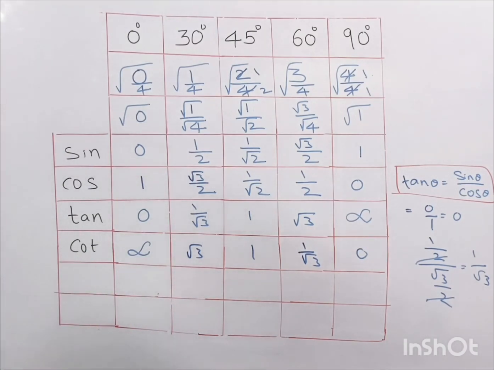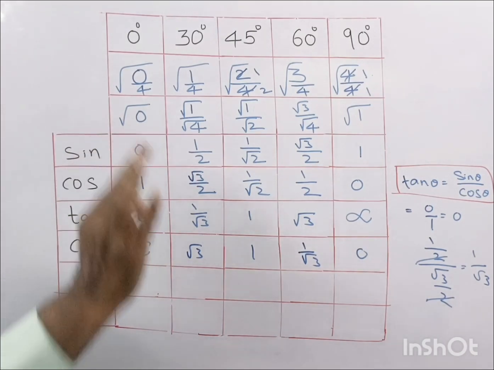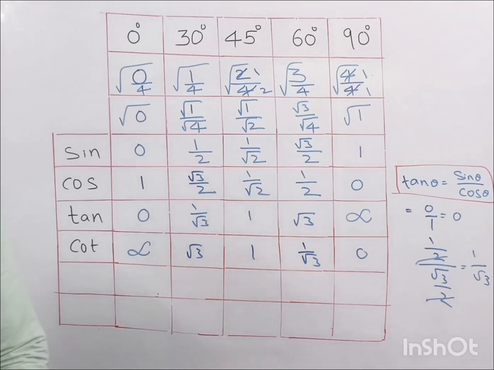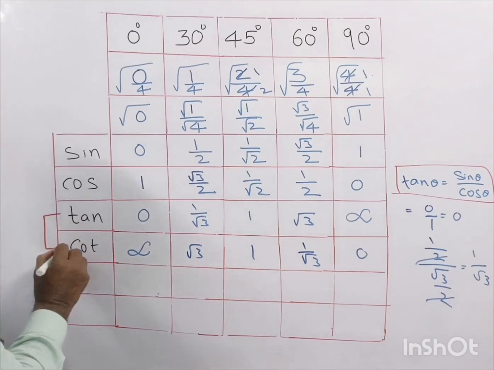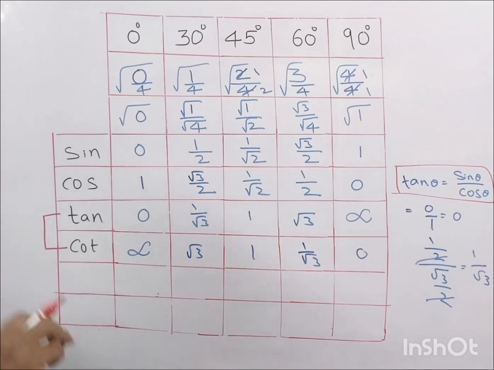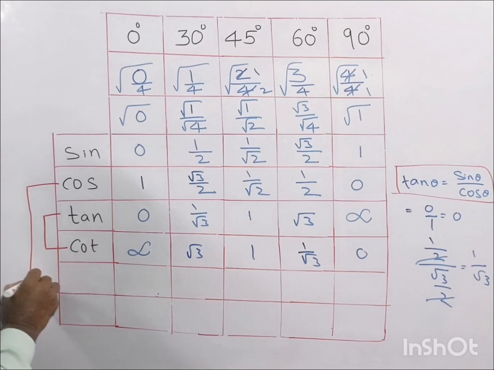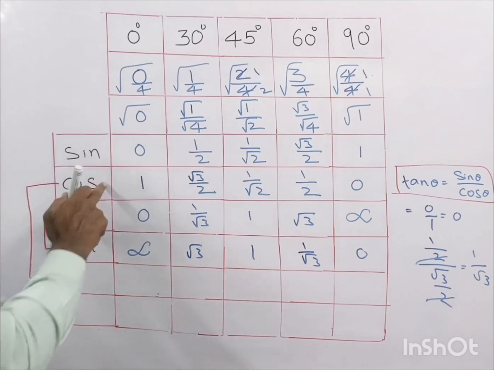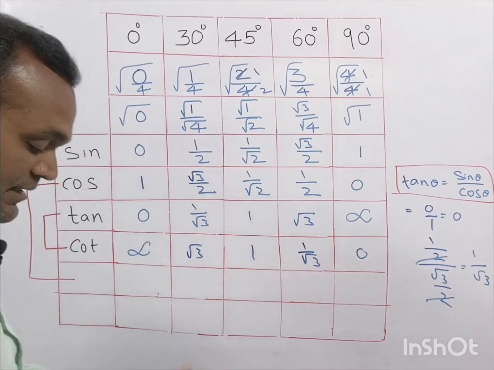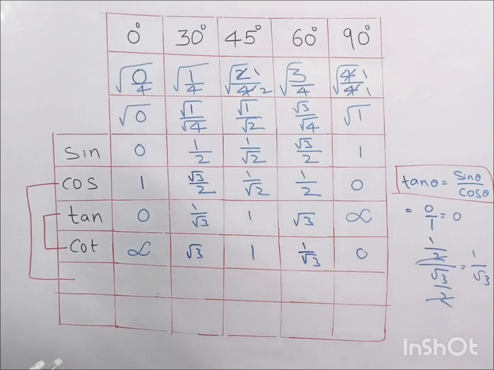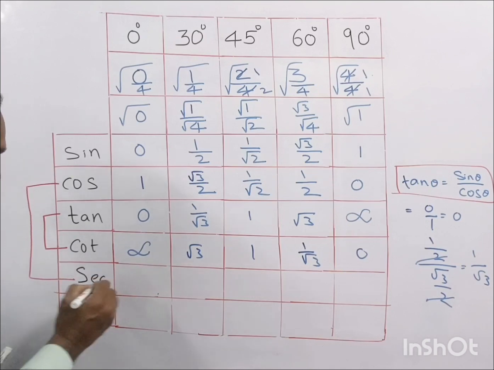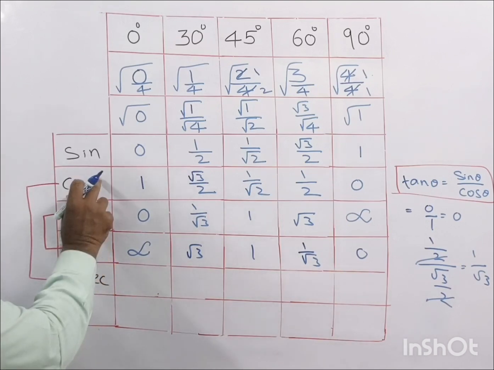Why have I written cot here? Just to show you that tan is the reciprocal of cot, or cot is the reciprocal of tan. Now next is cos. We will write sec, because the reciprocal of cos is sec. Sec theta is the reciprocal of cos.